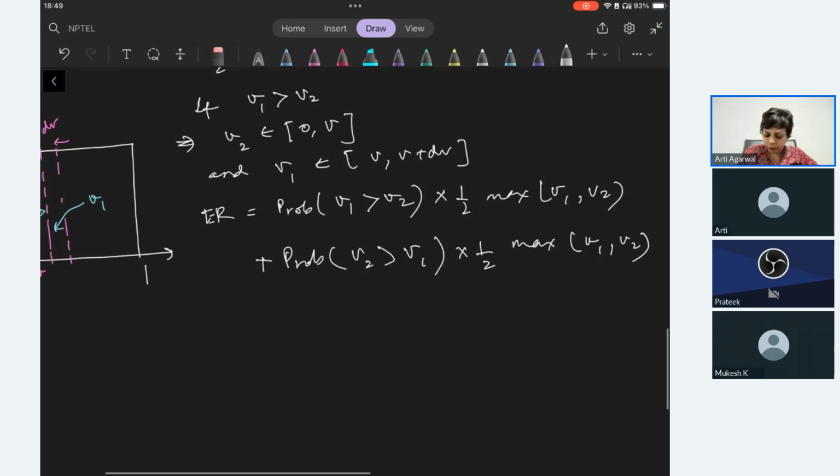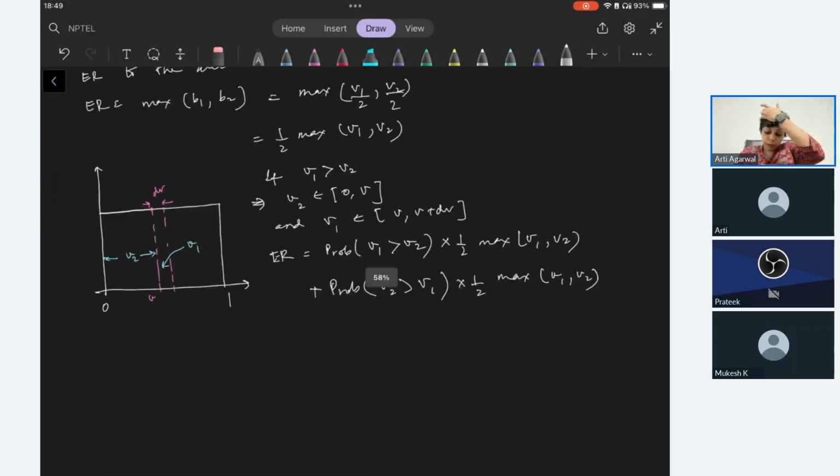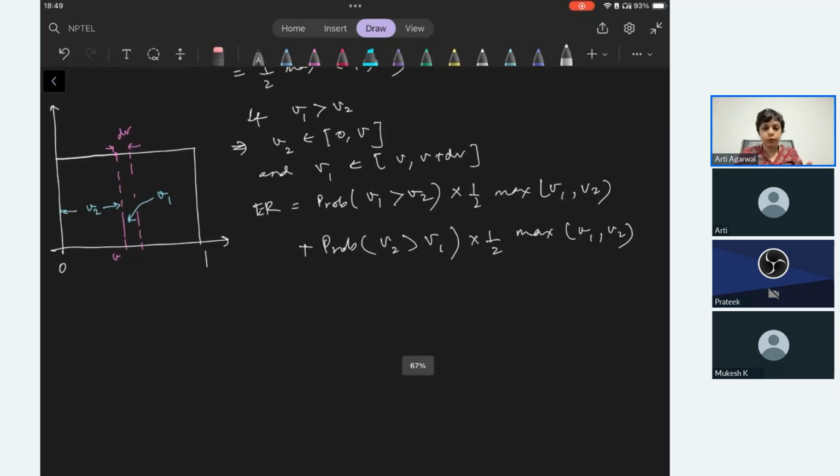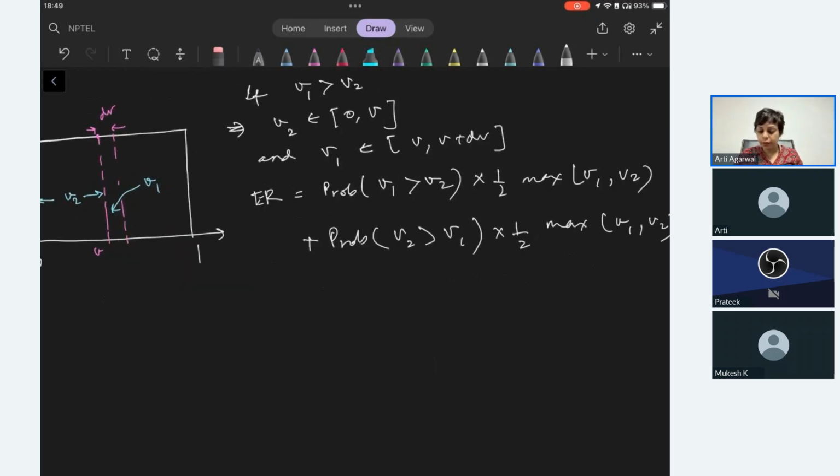So actually this should have been before, but anyway. So this is first of all what the expected revenue to the auctioneer is going to be. Probability that V1 is greater than V2 into whatever the value it is, and the probability that V2 is greater than V1 into the value which is half max V1 V2.